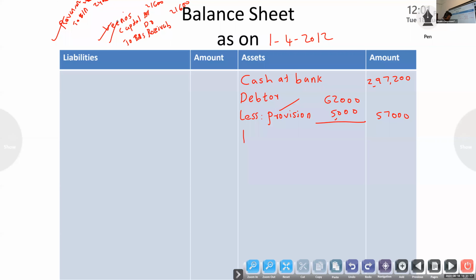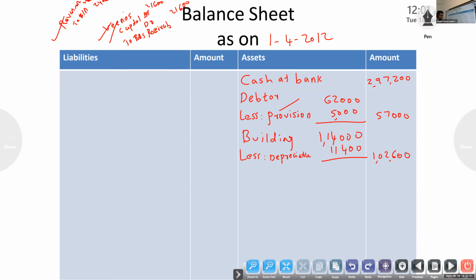Okay, next one, building. Any adjustment in building? Depreciation. Less depreciation, 11,400. Then we will get 1,02,600.